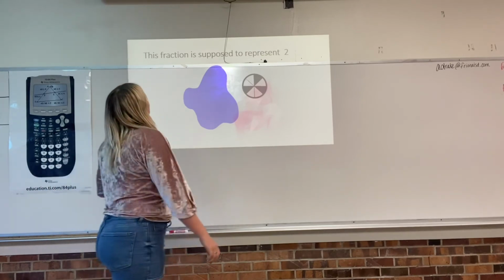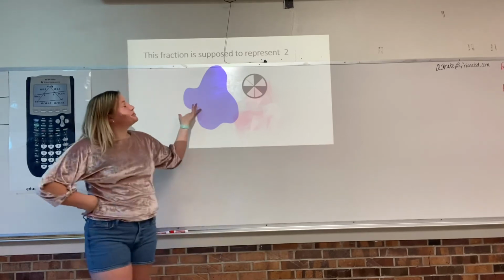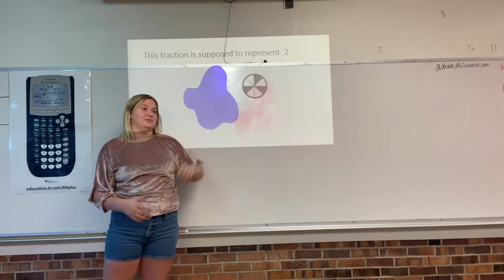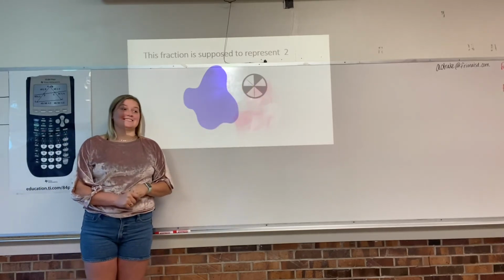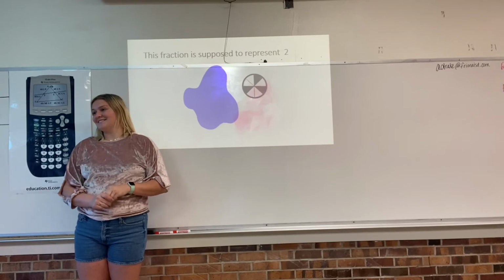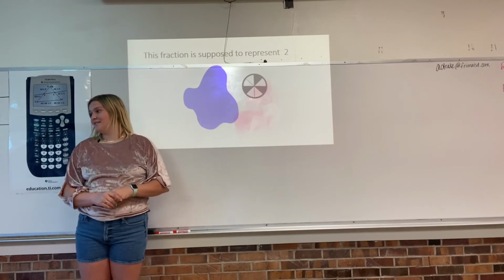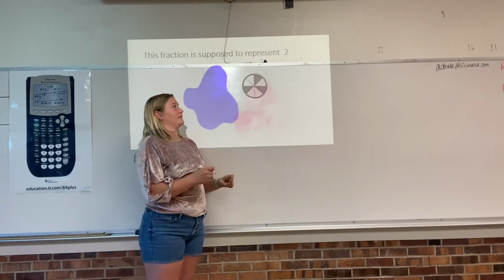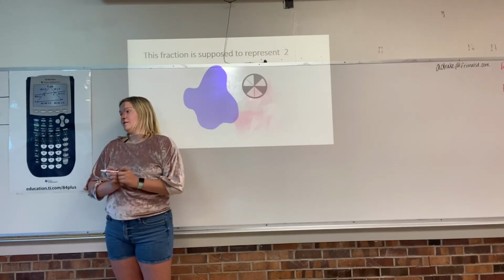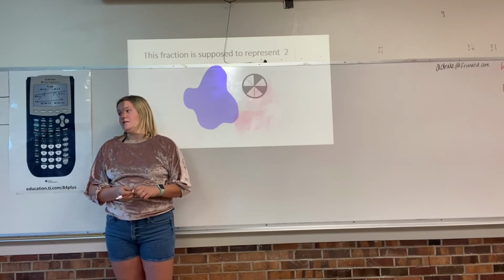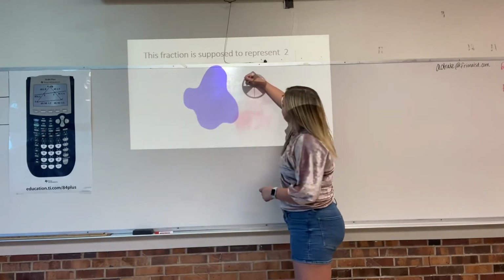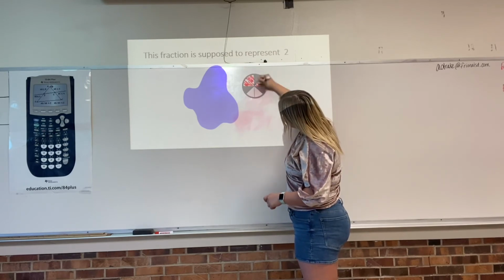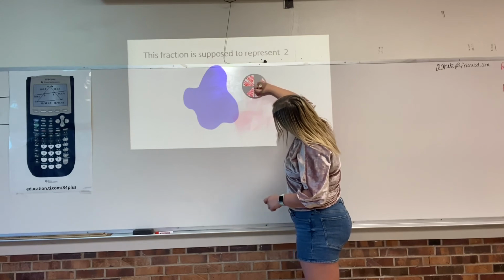Yep. This fraction is supposed to represent 2. So what can we add to this to get to 2? We can color in the rest of that one circle. So that would be 1, 2, 3, 4, 5 out of 8 parts, right? Yeah, so we got 1, 2, 3, 4, 5.